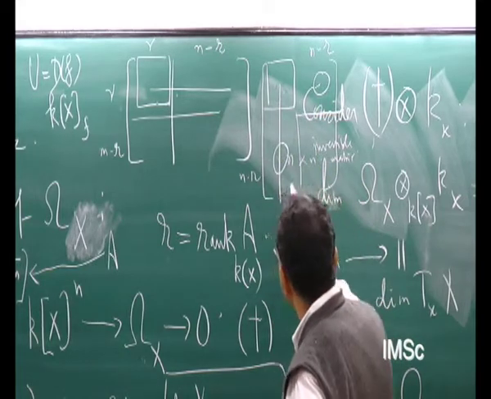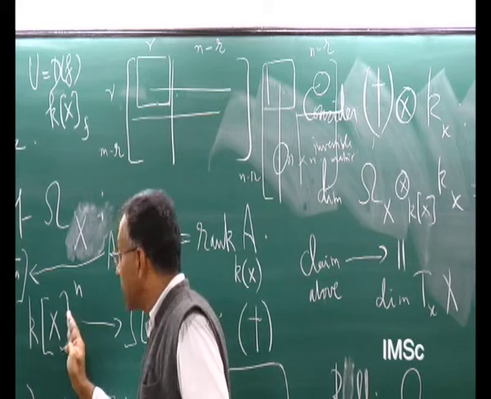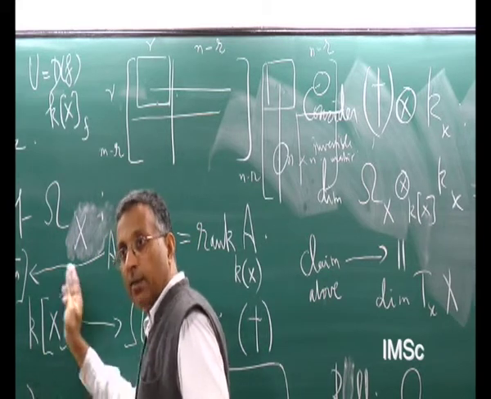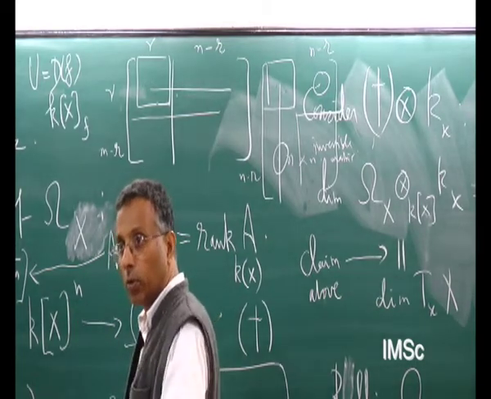So by multiplying on the right by an n cross n invertible matrix, I am just changing basis, nothing more.